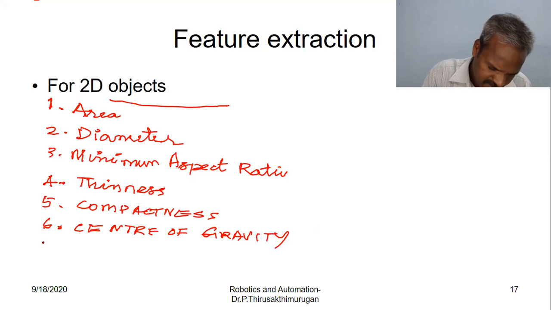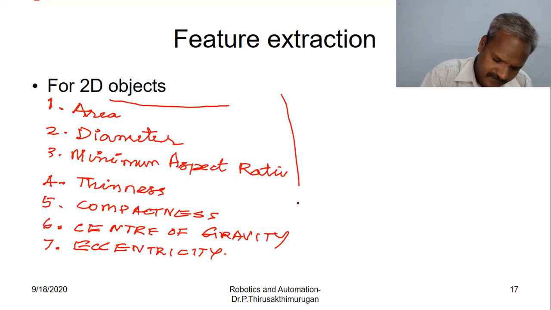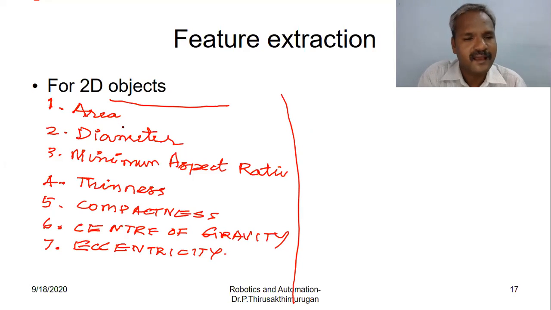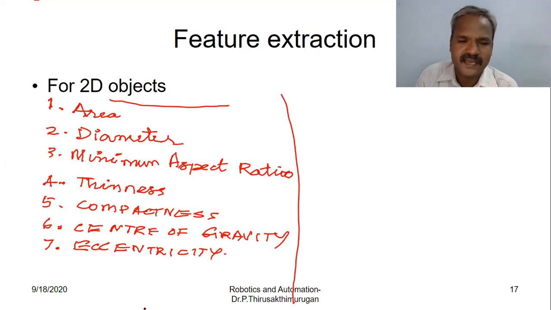Another parameter is eccentricity. So: area, diameter, minimum aspect ratio, thinness, compactness, center of gravity, eccentricity. These are the different parameters.